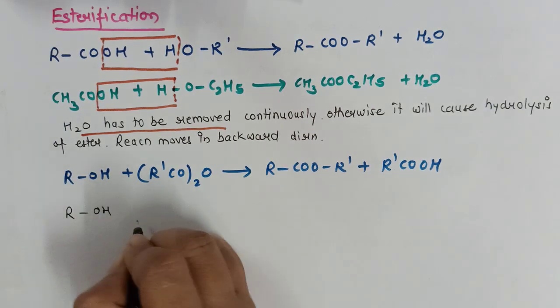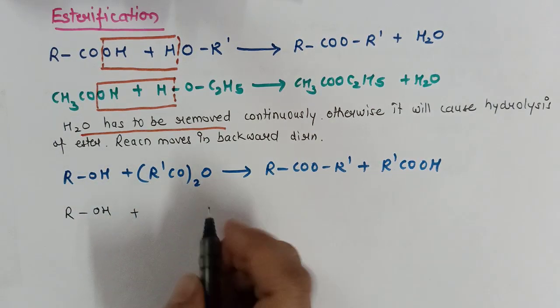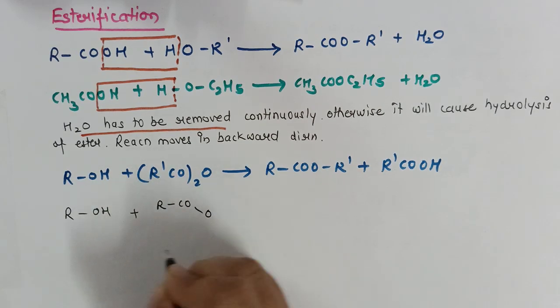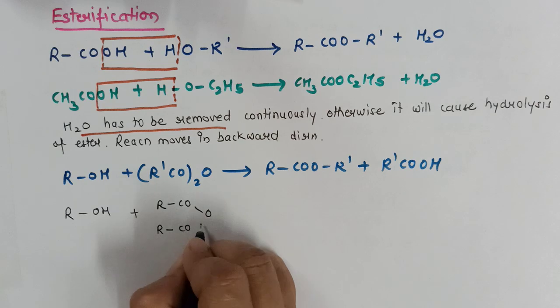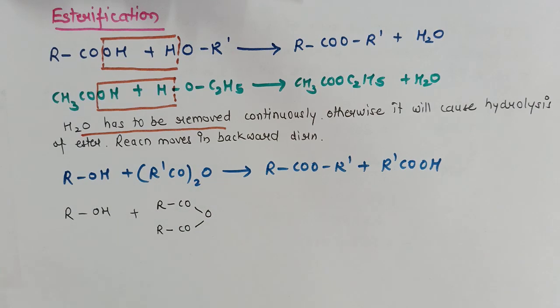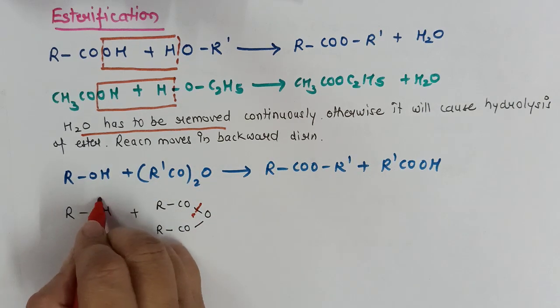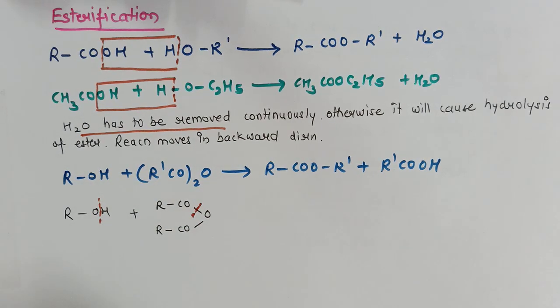Alcohol treated with anhydride. So anhydride, we know, they are joined by a singly bonded oxygen atom. Here the cleavage takes place. This oxygen and hydrogen bond cleavage takes place.